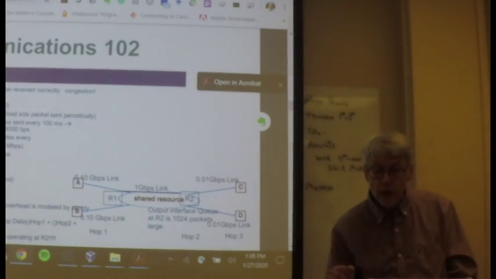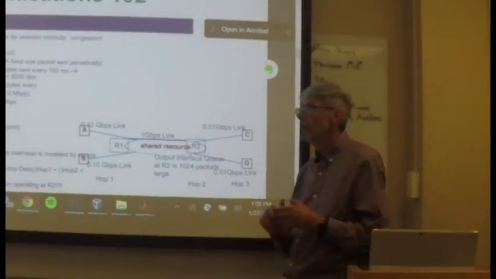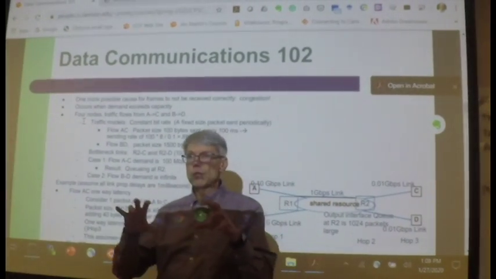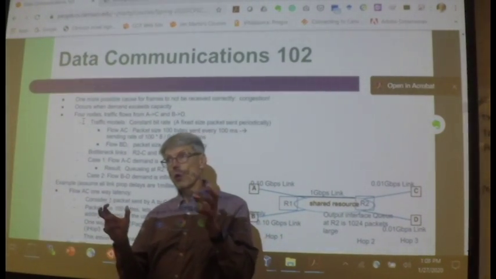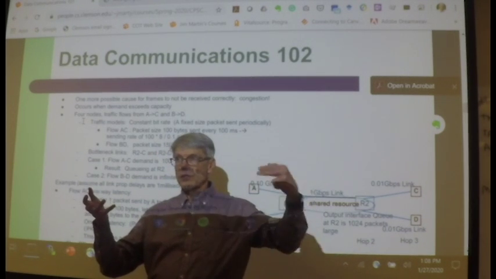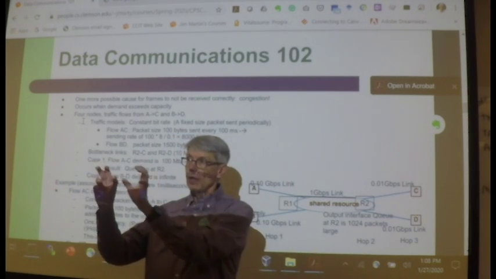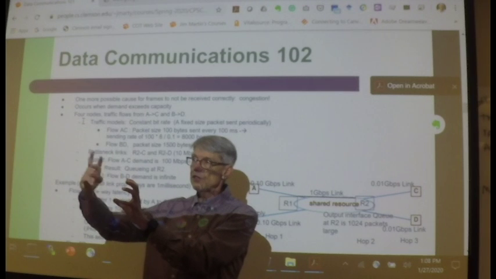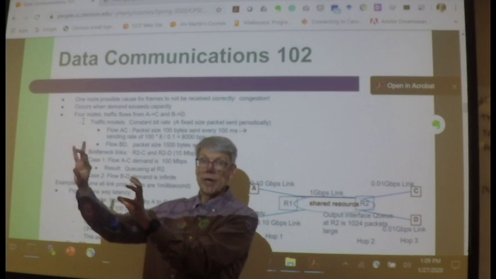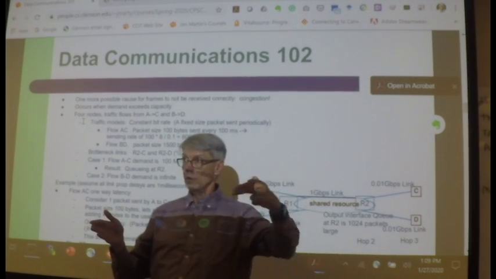Okay, another way that errors can occur, not necessarily errors, is if the network becomes congested. Imagine a sender that's sending very, very fast, and a receiver that's doing reads off the socket at a slower rate. That data has to go somewhere.